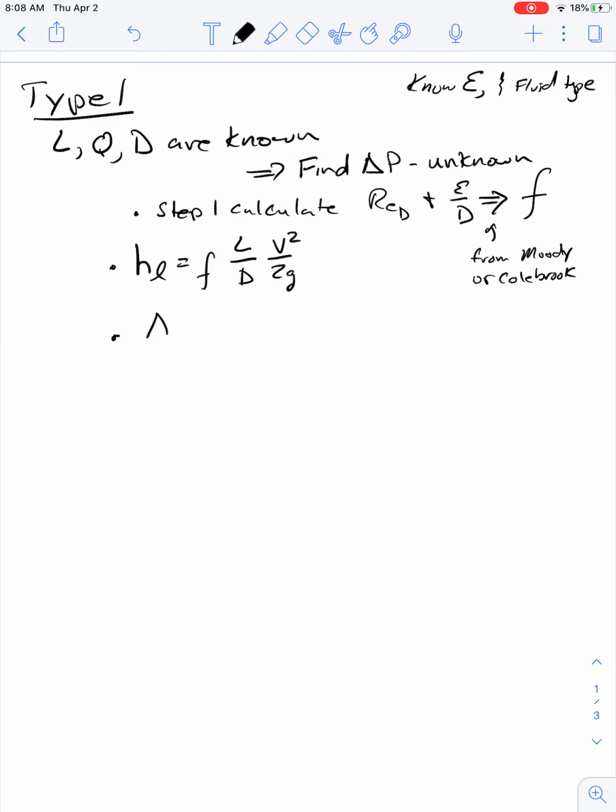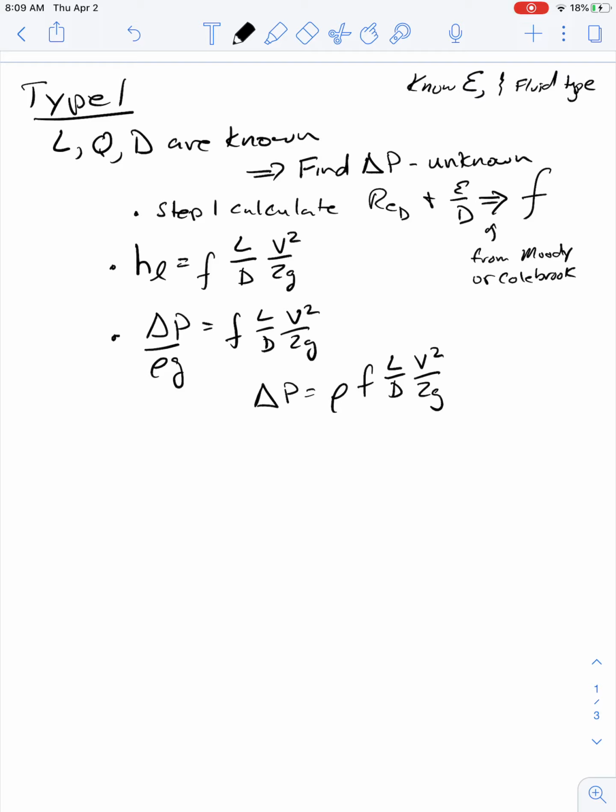Or we can write that as a pressure drop, as you can recall. The pressure drop, in the energy equation, is delta P over rho G, and that's equal to F L over D, V squared over 2G. So we can right away calculate the pressure drop from that. So that's going to be simply delta P equal to rho F L over D, V squared over 2G.